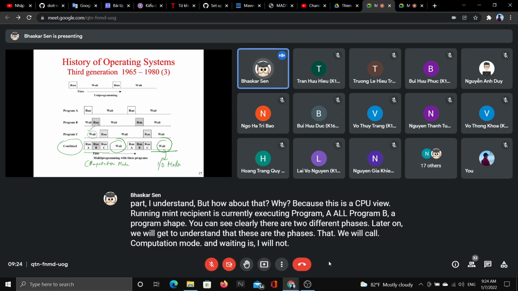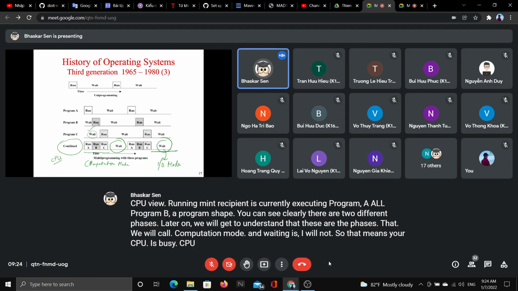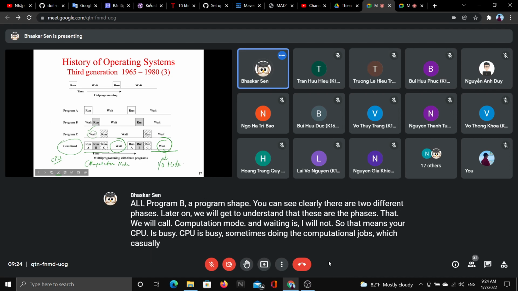So that means your CPU is busy sometimes doing the computational jobs, which casually we call bursts.